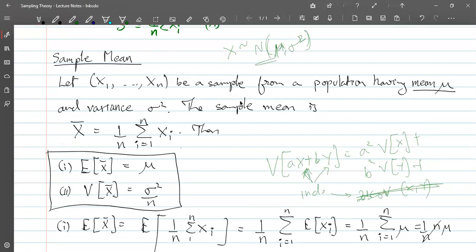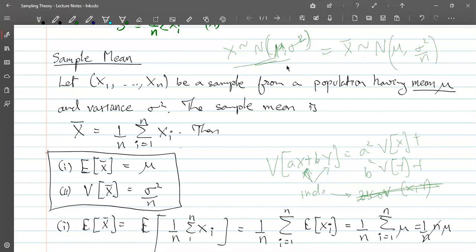Then we know from the reproductive property of the normal distribution that a sum of normal variates is also normal. And here you have its mean and variance. So in this case, x bar is also a normal random variable with the same mean and variance sigma square by n.